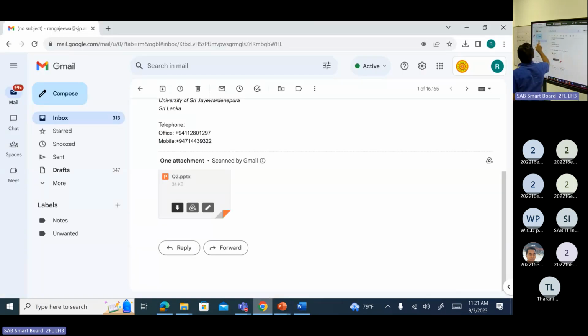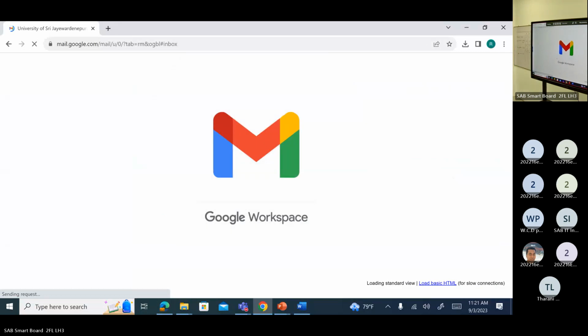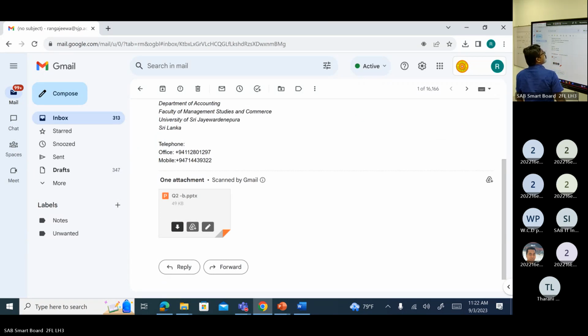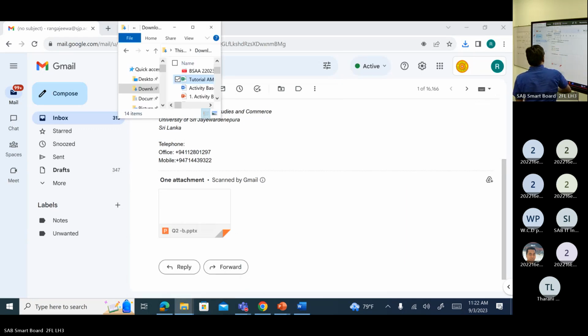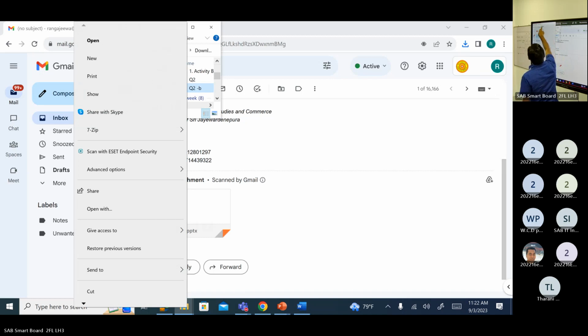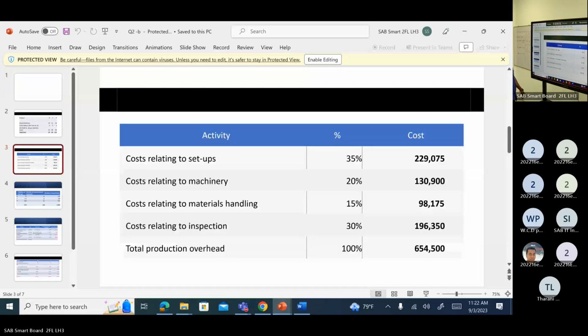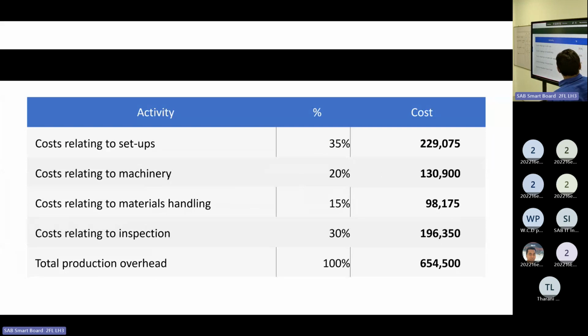So this would be the cost, right? Of each activity, these are the costs.